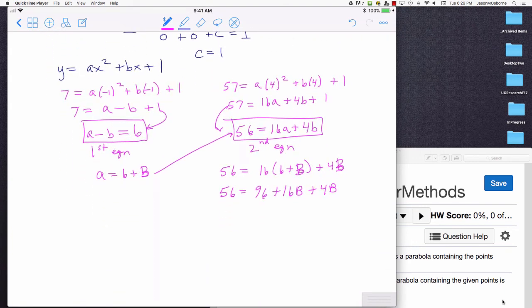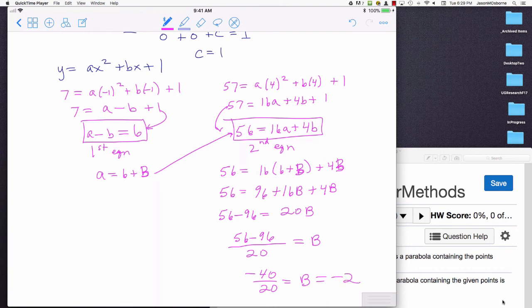So we know that 56 minus 96 is equal to 20b. 56 minus 96 divided by 20 is equal to b. So 56 minus 96 is negative 40. Negative 40 over 20 means that b is equal to negative 2.